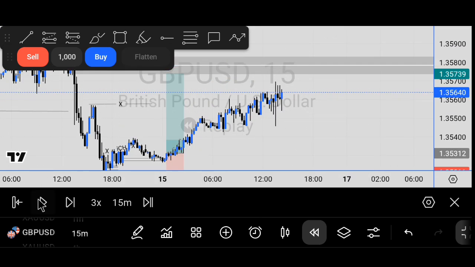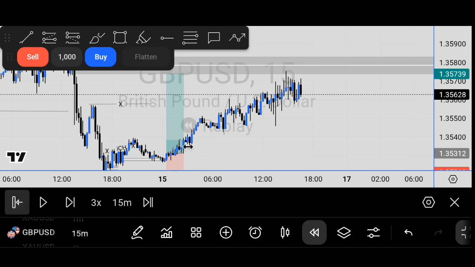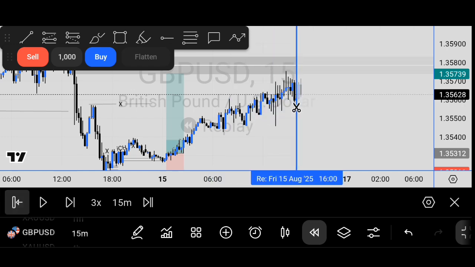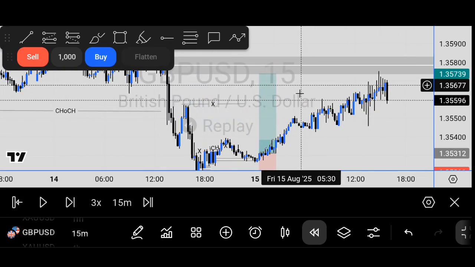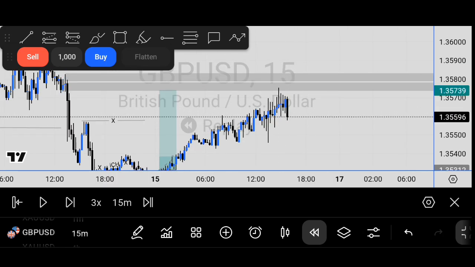So let's play price forward and see. Right there we have our engulfing. After this engulfing candle, scale to the lower time frame.